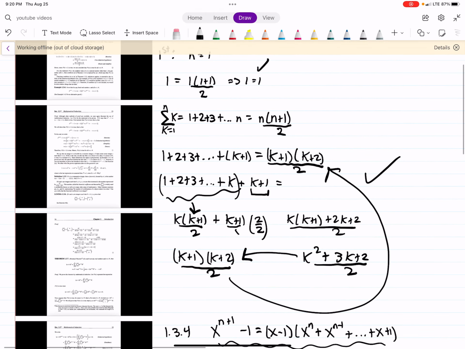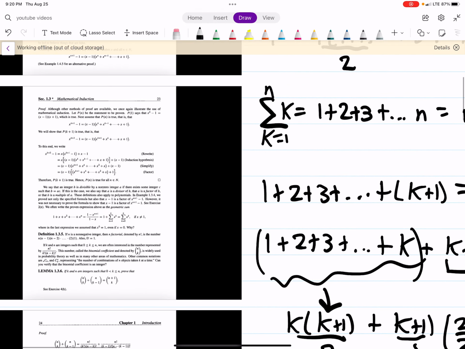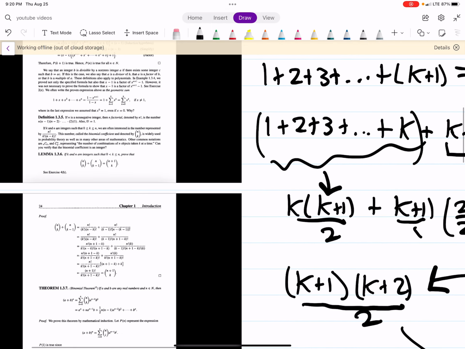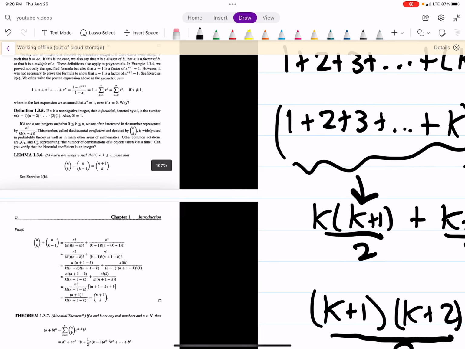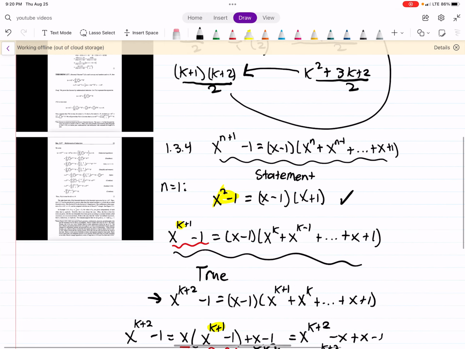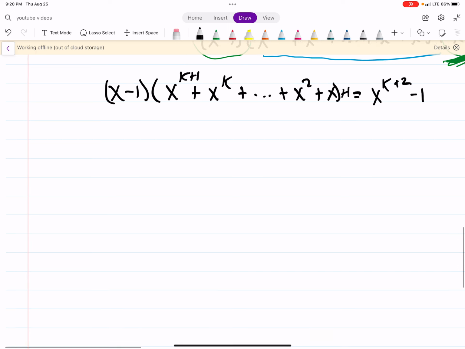Now let's see. What was the next part I wanted to talk about? Believe I wanted to, I don't know if I should prove. I mean, they kind of do it there with 1.36. Maybe they skip some steps, so it's worth doing. Yeah, I'll do 1.36.